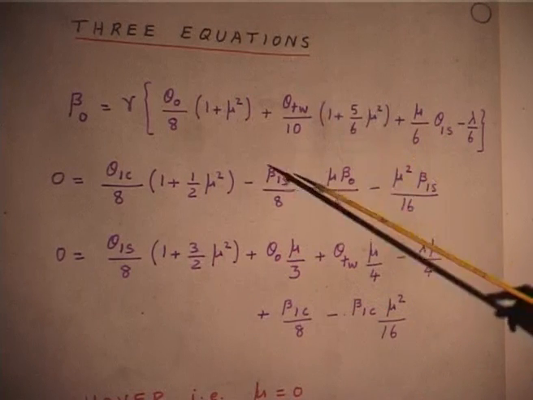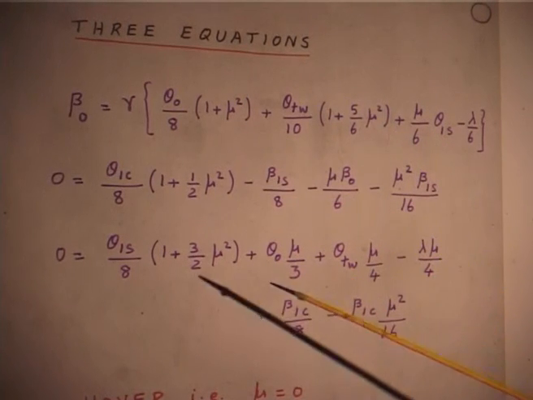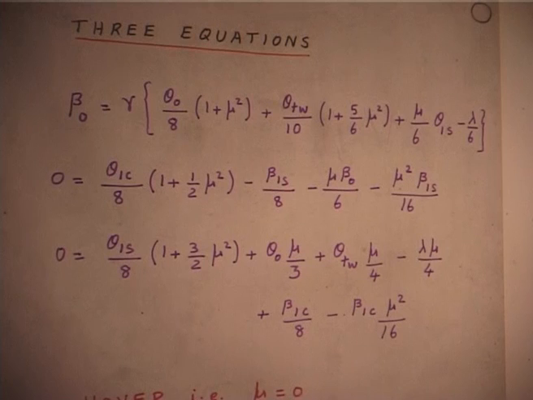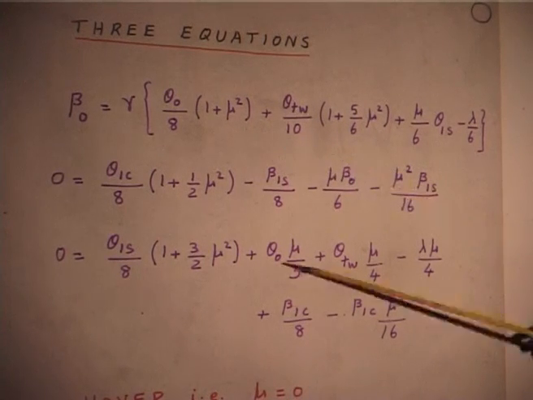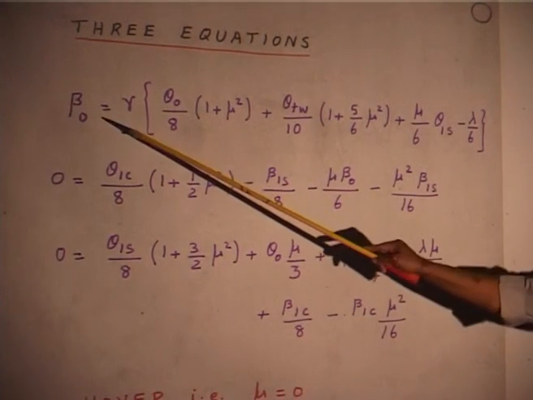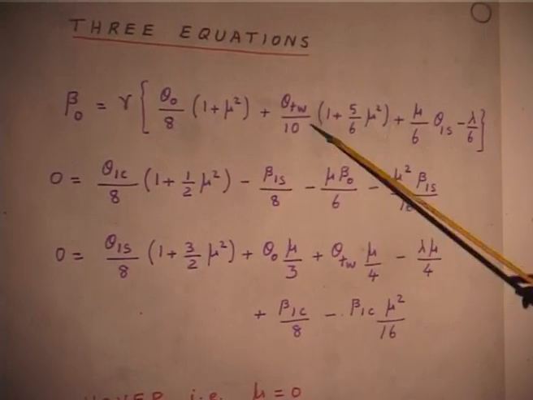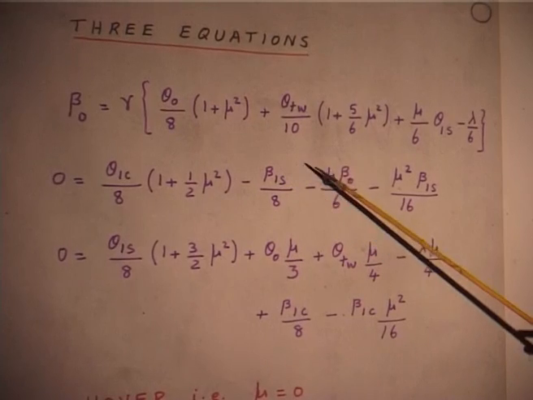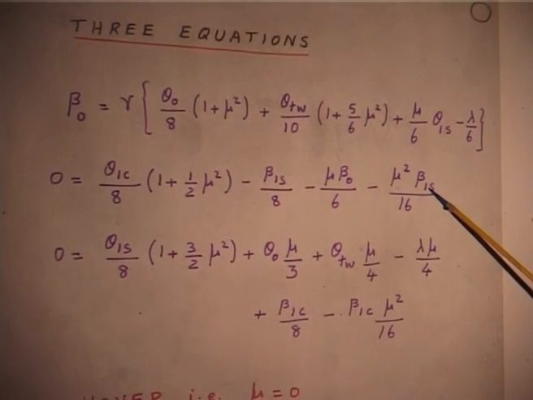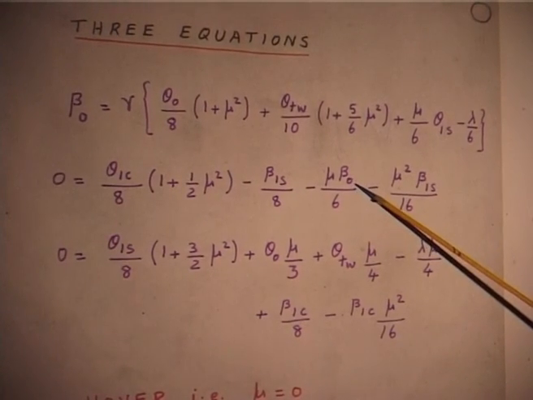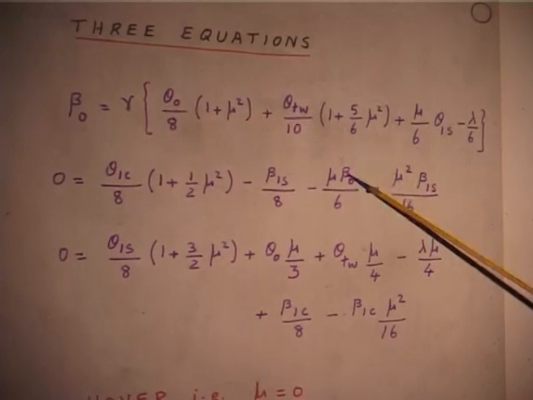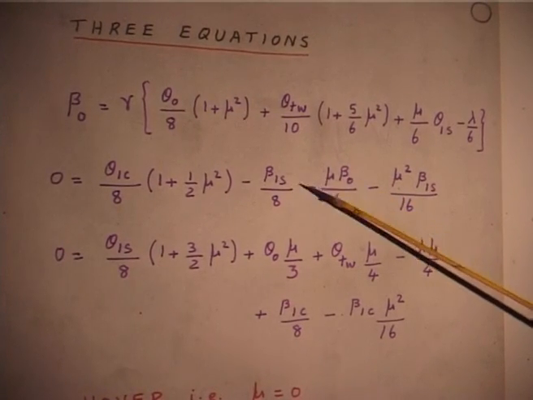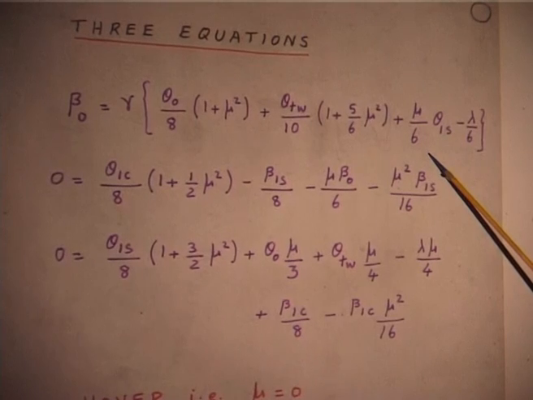If you know theta naught, theta 1 c, theta 1 s and the operating condition, I can get from these three equations, beta naught directly, because there is no coupling. Here beta 1 s depends on beta naught. So, I have to solve this, substitute here, then I can get beta 1 s, okay.